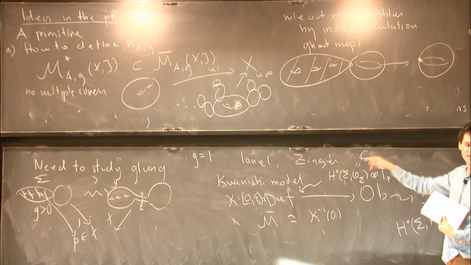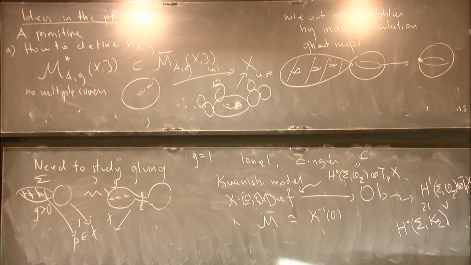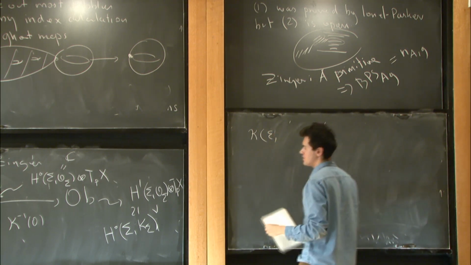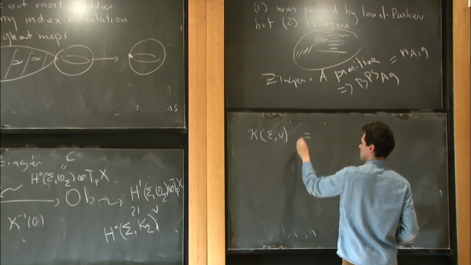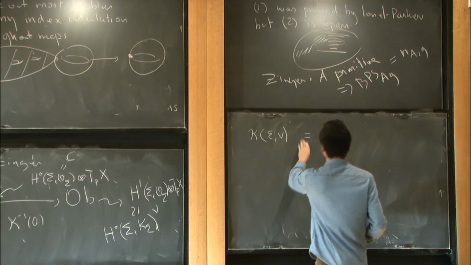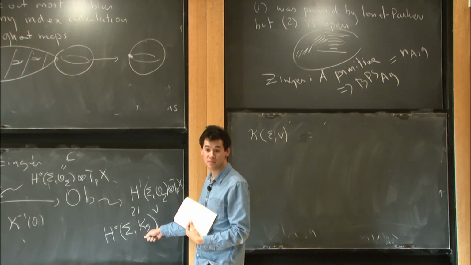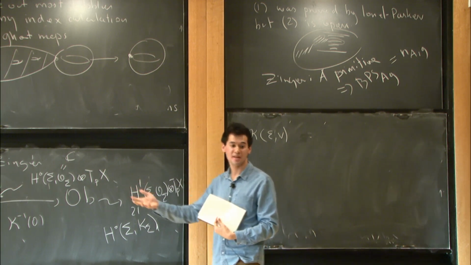And this map, actually, you can write down the first order expansion of this map. So let's say kappa has two arguments, epsilon and some sort of vector. What you can prove is that this map is supposed to take values in the dual space of the space of holomorphic one-forms. That means that if I plug in a holomorphic one-form, it should give me a number.